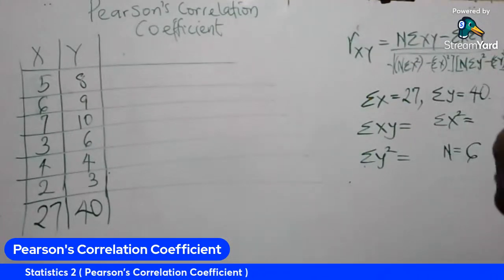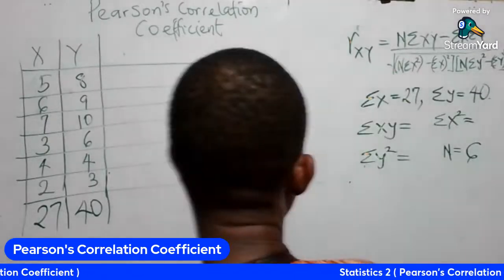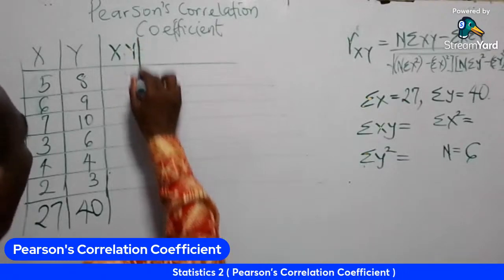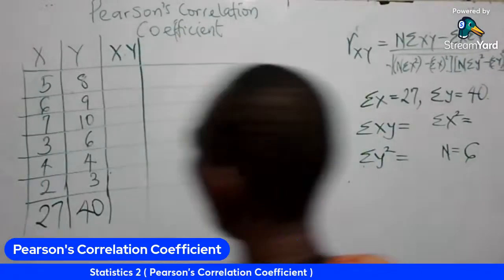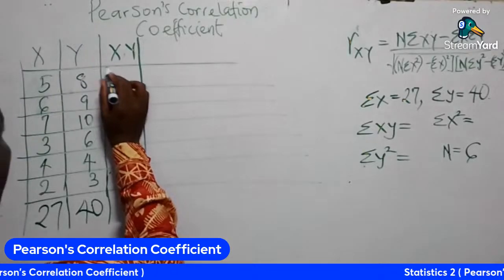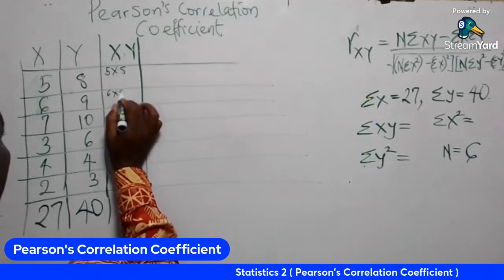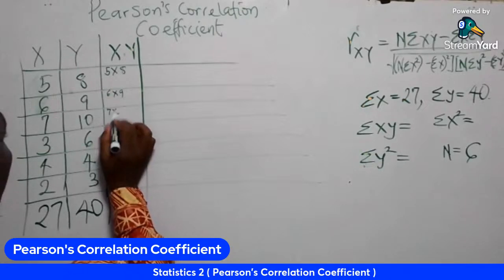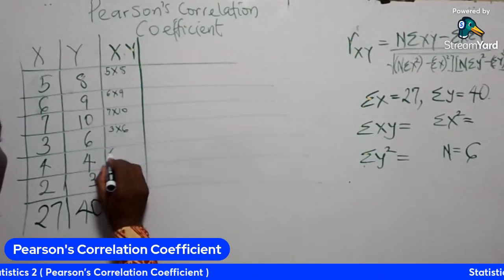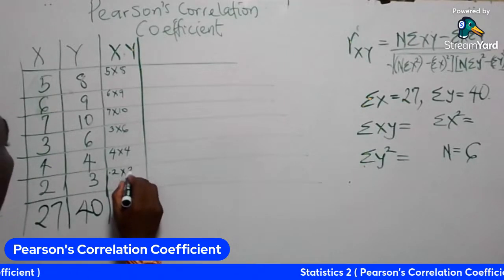Okay, we have done that. The next thing now is for us to get our xy, that is x multiplied by y. So the xy will be 5 multiplied by 8, 6 multiplied by 9, 7 multiplied by 10, 3 multiplied by 6, 4 multiplied by 4, and 2 multiplied by 3.